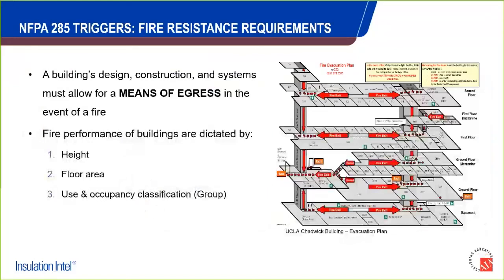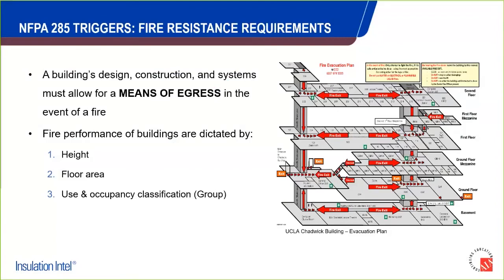So what are we trying to do with all of these various fire requirements of a building system? For a non-combustible building, we're trying to allow means of egress, which is really sort of pushing a stopwatch and saying, okay, it's time to get out of the building. We're going to give you as much time as we can.